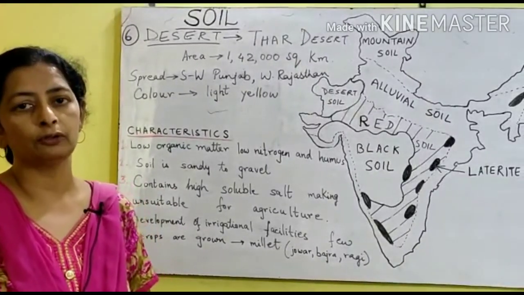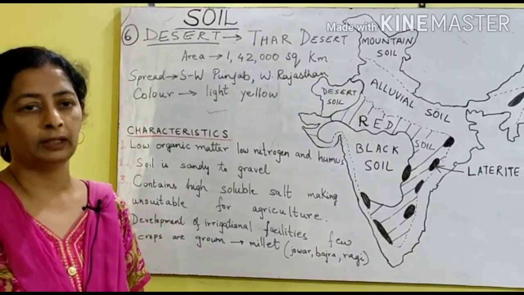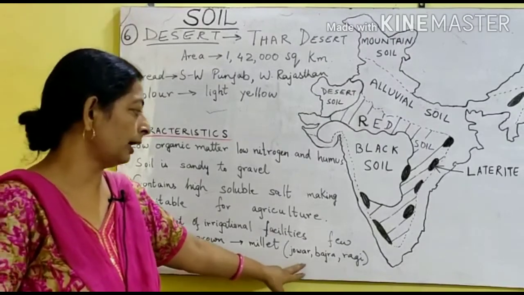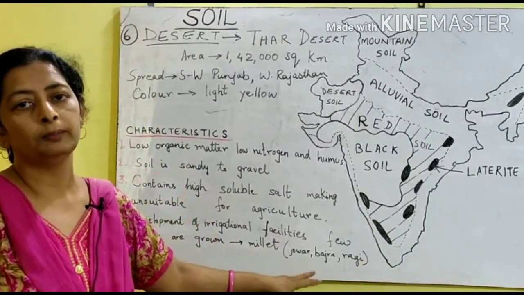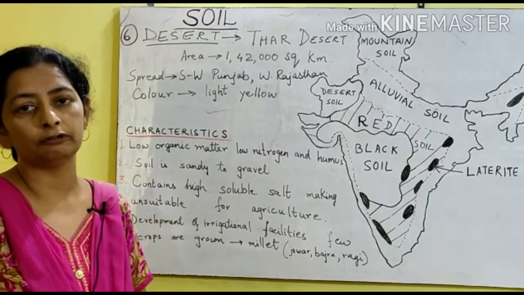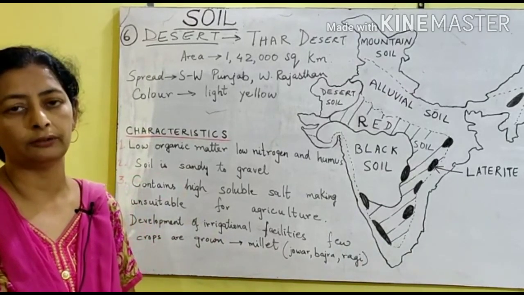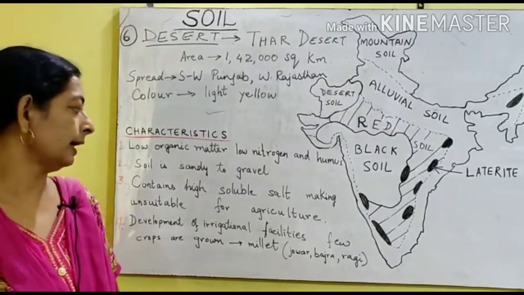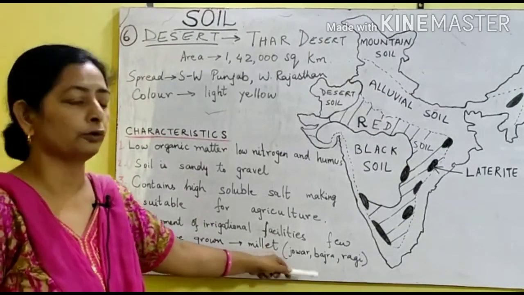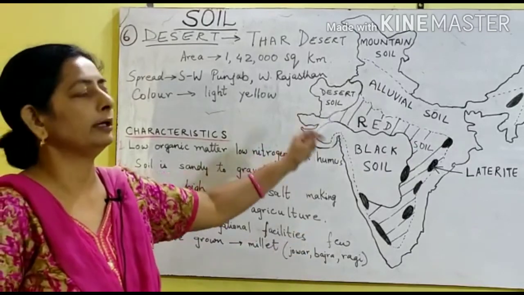So here the main crops grown are millets. Now what is millet? Millet means jowar, bajra, ragi. Why are these crops grown? Because they do not need a lot of manure and they do not need much rainfall. They can survive in high temperature. So these millets are grown mainly in the Thar desert area.